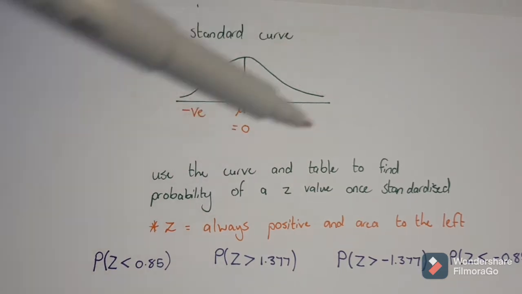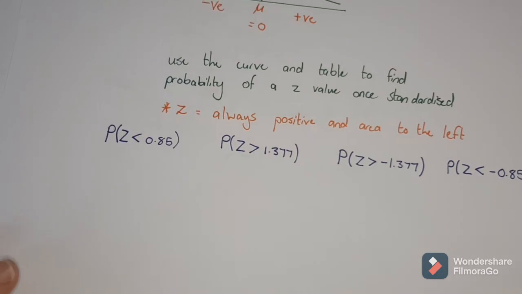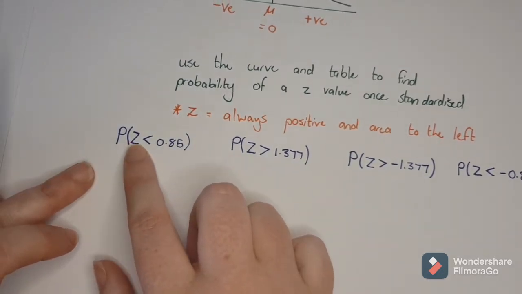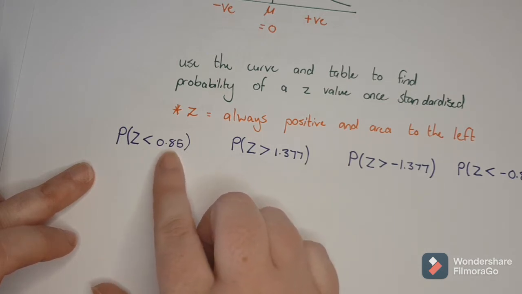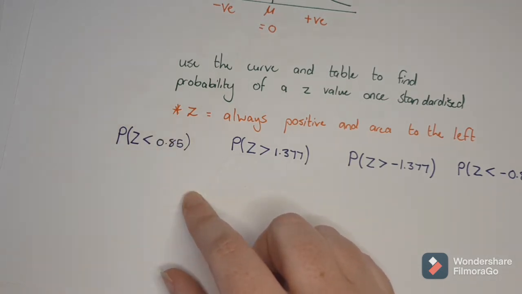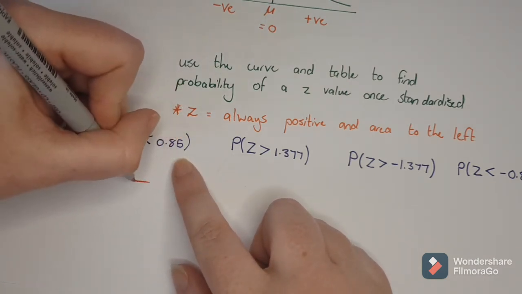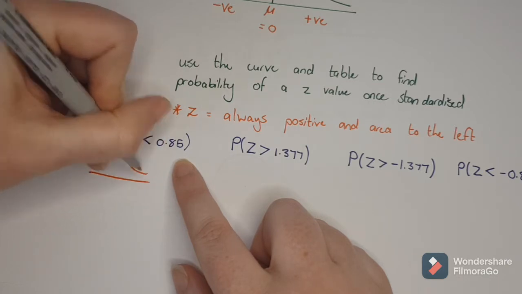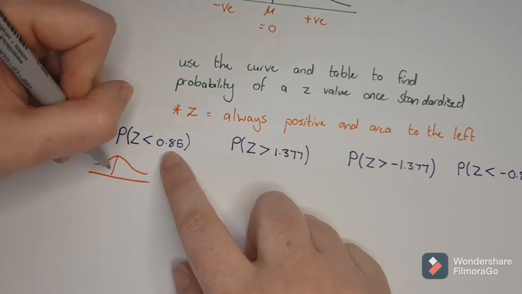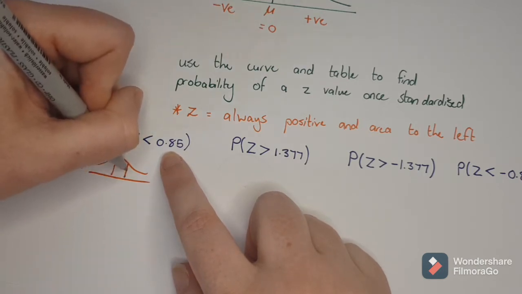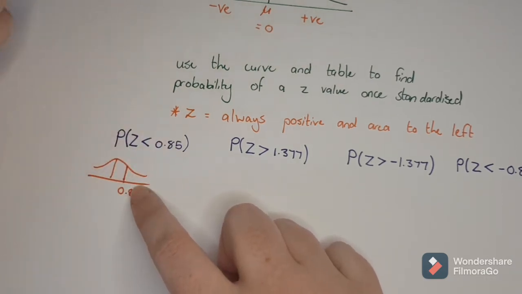So if we look at some examples, we have the probability that Z is less than 0.85. Okay, so if that value there is less than, it means if I draw the curve that I'm looking at, 0.85 is a positive value. So if this is 0, positive is going to be there. Okay, so let's say that's my 0.85 because it's on the positive side.